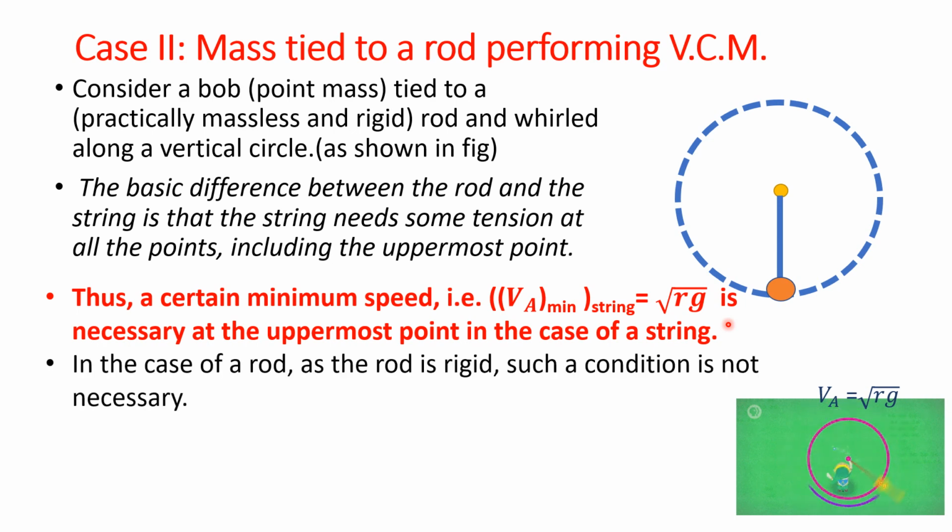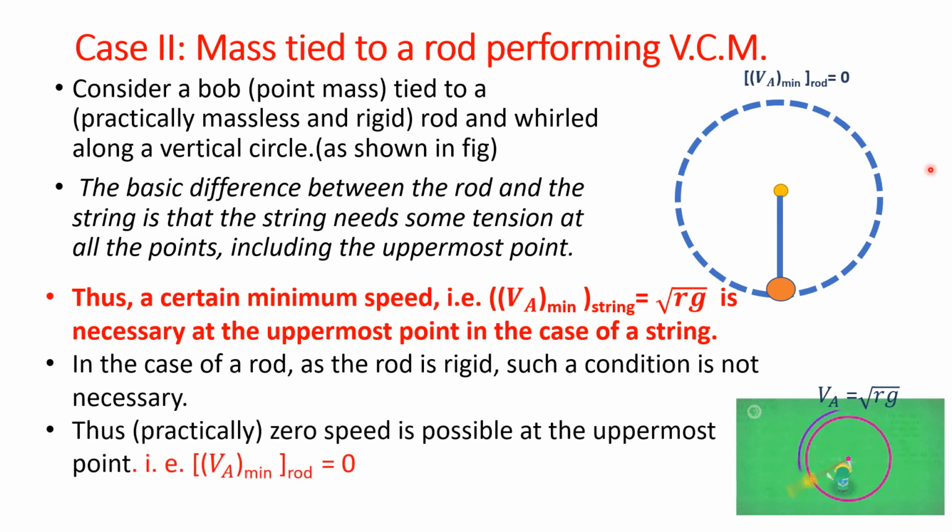But in the case of a rod, as the rod is rigid, this condition is not necessary and at the uppermost position the velocity of the bob can become 0. So practically the speed is 0 at the uppermost position in case of a rod performing a vertical circular motion.